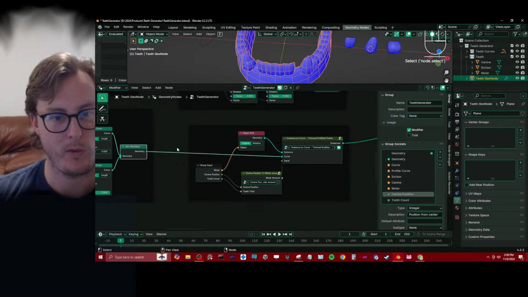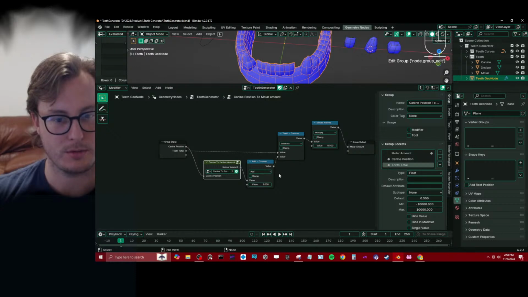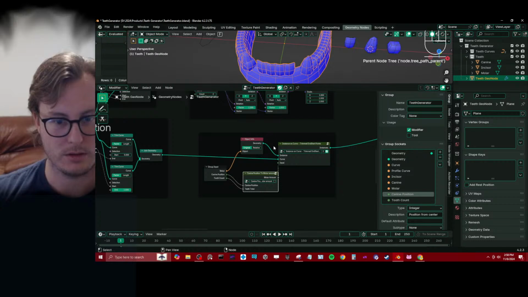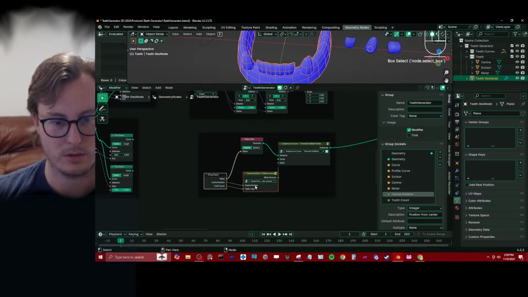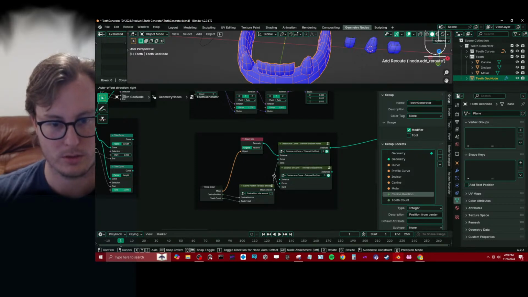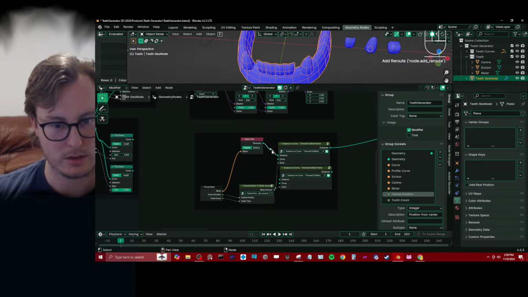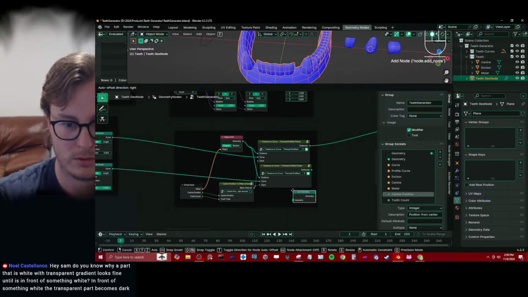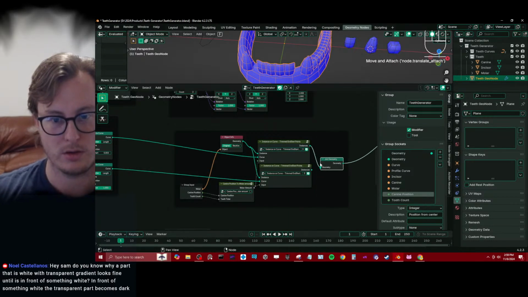I think perhaps what we do is we get rid of this and we get rid of this. Duplicate. Put that instance in both. Send one curve here and one curve here. Join the geometry together.